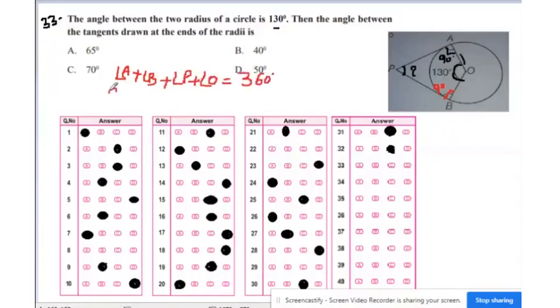Angle A is 90 degrees, angle B is also 90 degrees, but we don't know angle P. Angle O is mentioned in the question as 130 degrees. So 90 plus 90 plus 130 plus P is 360. 90 plus 90 is 180, plus 130 is 310. This implies angle P is equal to 360 minus 310.